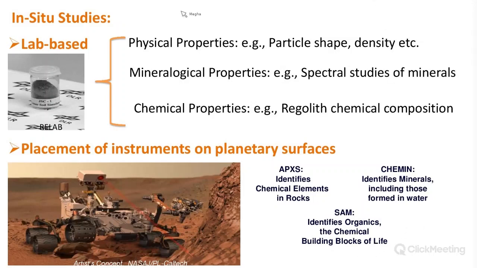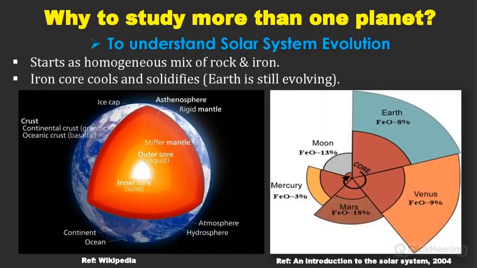So this kind of lab study is the base of our space exploration, and therefore it's very important to have in-depth knowledge from lab-based study. So basically, why study more than one planet? Why have comparative planetology?